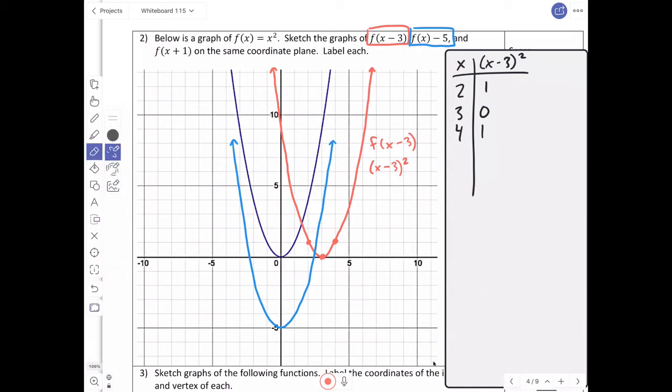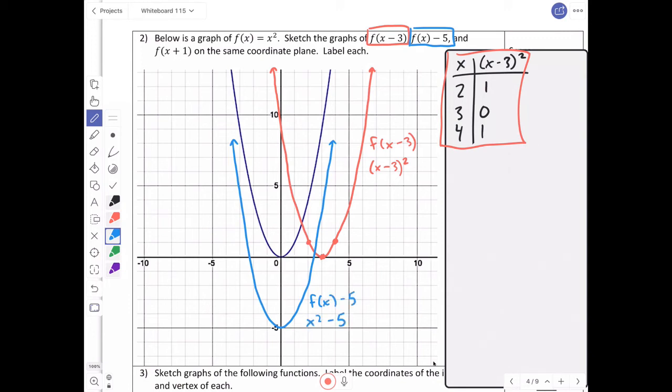And we could see here, okay, so this is my red table. This is going to be blue next. So this is f of x minus 5, which is x squared minus 5. And if we made a little table real quick for x squared minus 5, that would be negative 1 makes negative 4, and 0 makes negative 5, and 1 makes negative 4. So that could go like that, and like that, and like that.